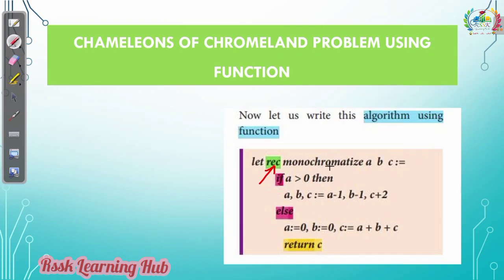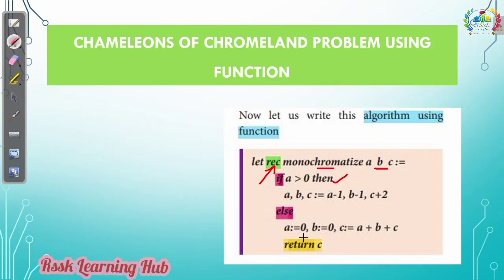Monochromatize is your function name. A, B and C are variables. For the first condition, you are going to check if A is greater than 0. Then the A value is decremented by 1, B is also decremented by 1, and C gets incremented by 2.